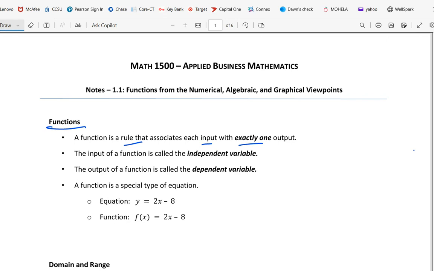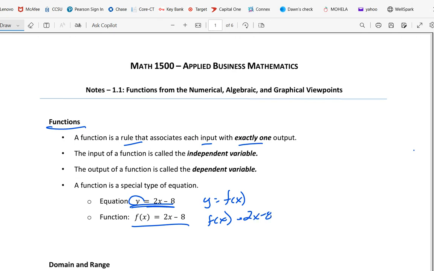So you'll notice below, I have the equation y equals 2x minus 8, where I've written this as an equation because I have y equals. When I write this as a function, I say y is a function of x, and that function of x is 2x minus 8.